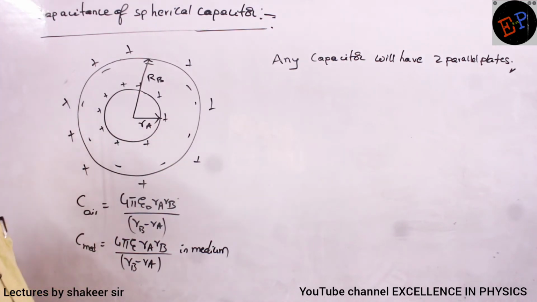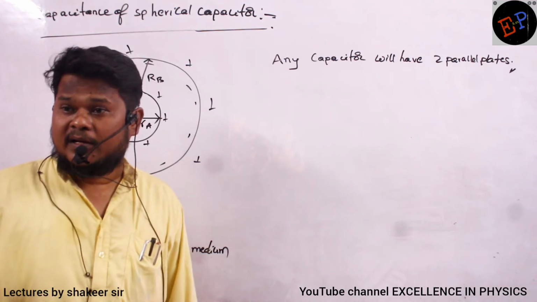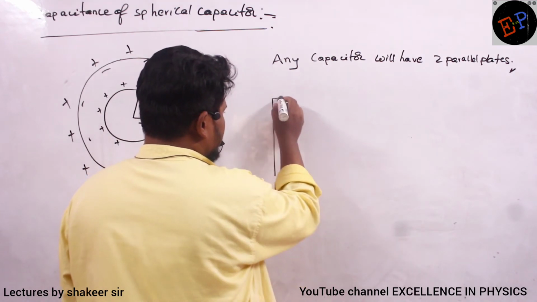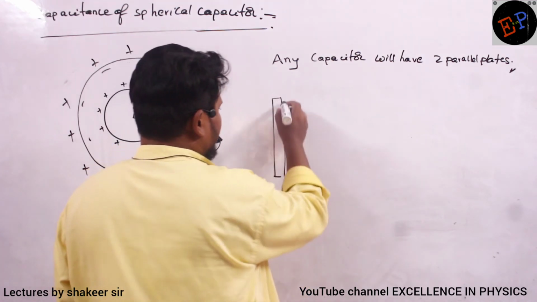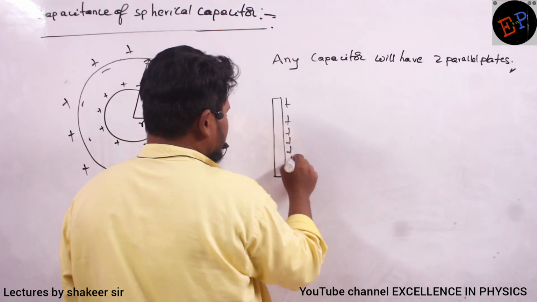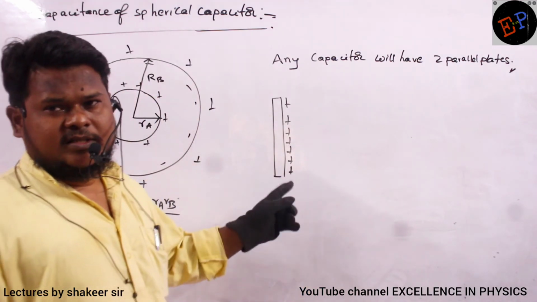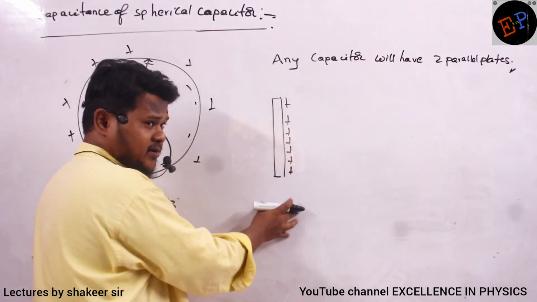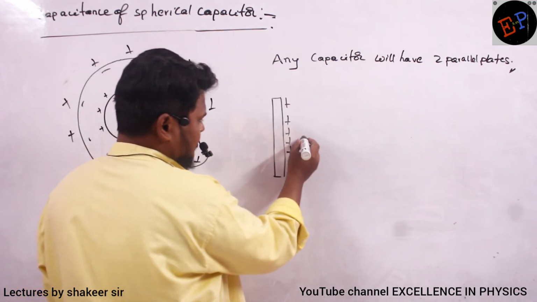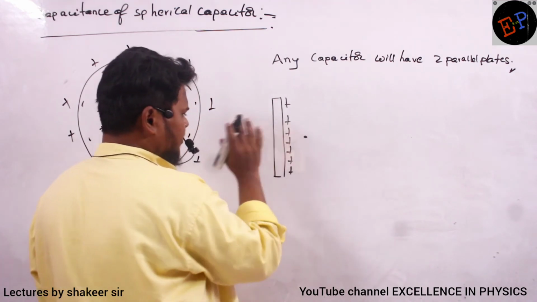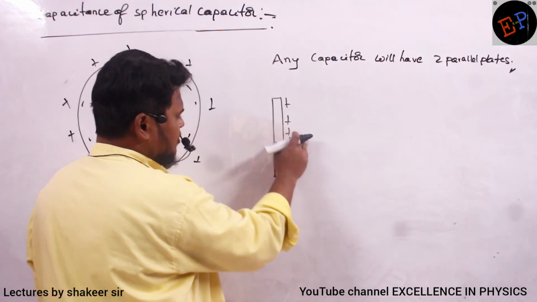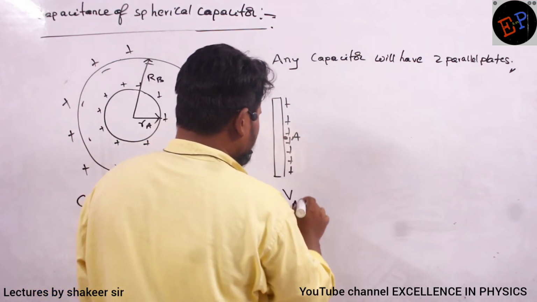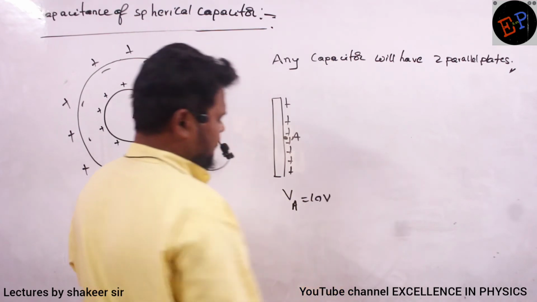So what is the reason that we place only parallel plates? That reason we should know first of all. See here. Consider this is a positive plate and charges are present on this positive plate. Because of this plate, somewhere at this point, on the same plate, at point A, the potential will be, let it be, 10 volts.